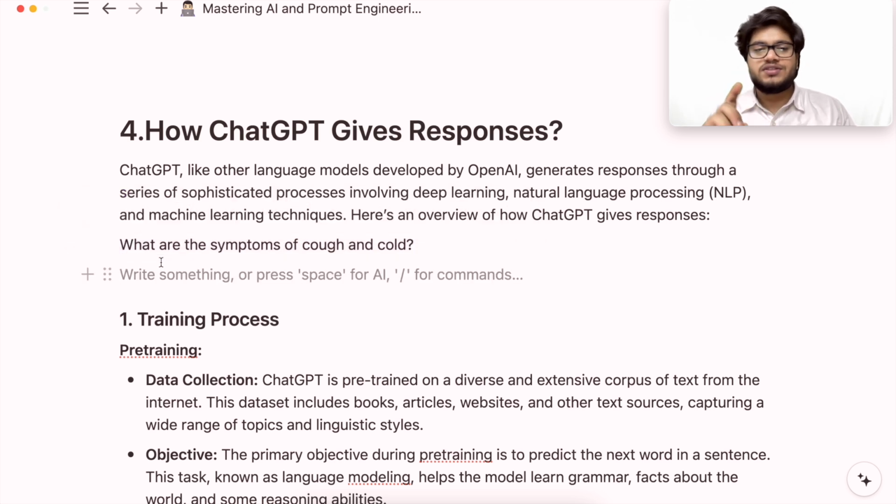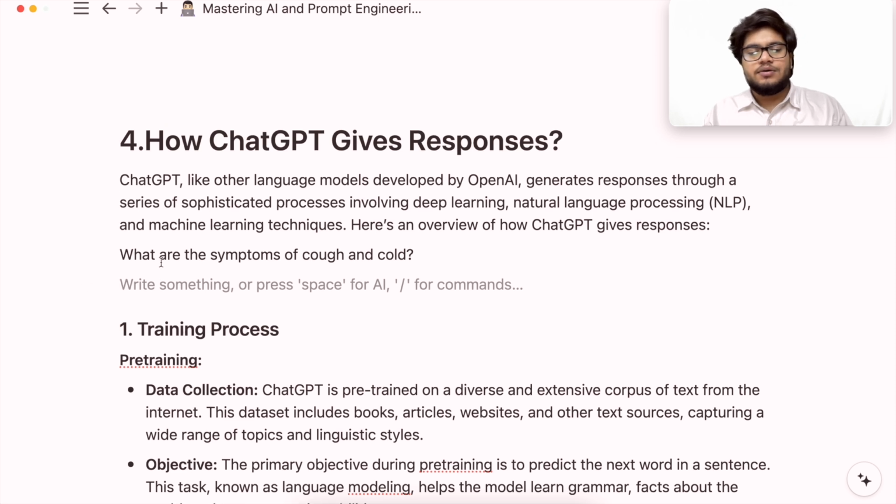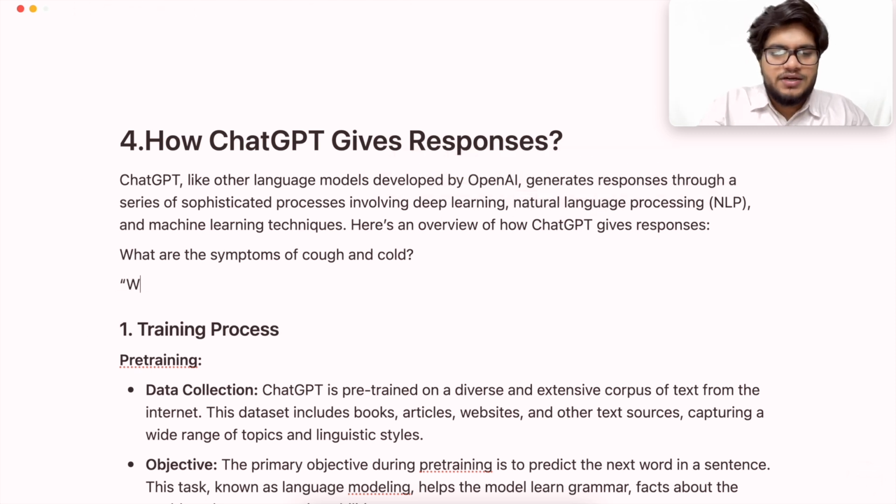What is the first step that will happen? The first step is that, using NLP, natural language processing, tokenization will happen. ChatGPT will break the prompt into tokens. What could be a token? ChatGPT and other AI tools are designed so that in different cases they take a token as a single word. In some cases, they take 3-4 letters as a token and the next 3-4 characters as a token.